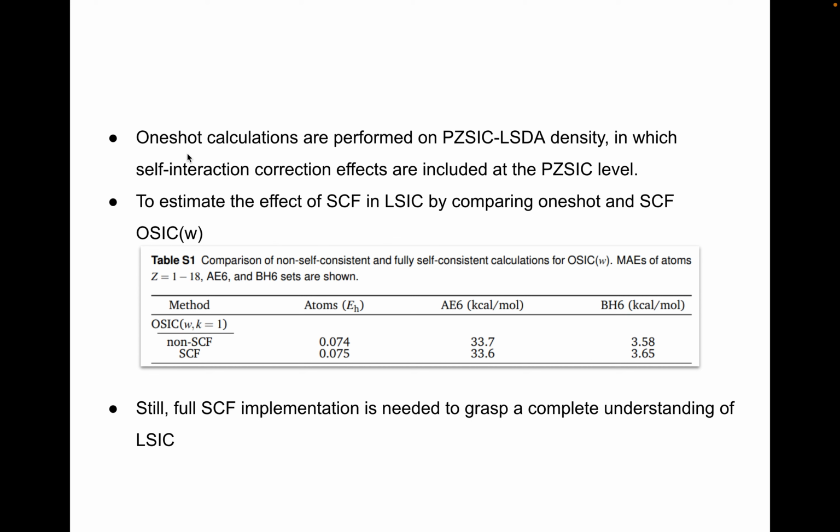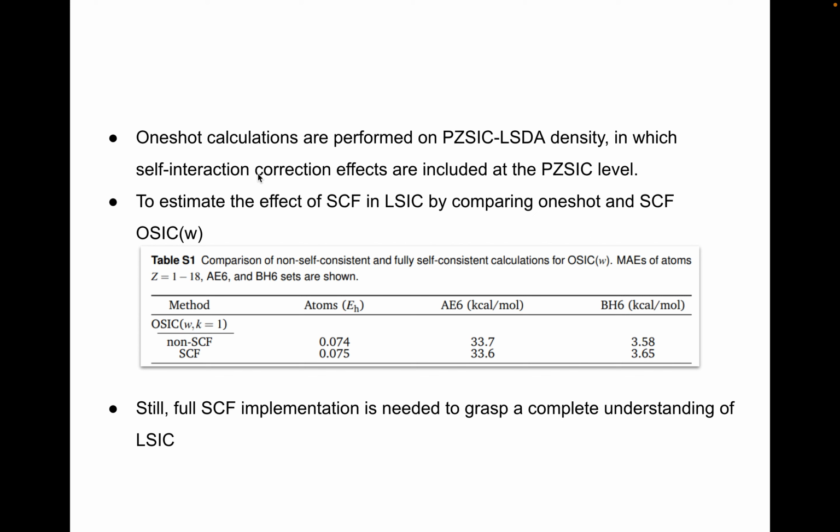So the density we used already has the self-interaction correction effect included at the level of the PGSIC theory. So using the PGSIC density should be more accurate than simply using the DFA density. That's the one argument we made.